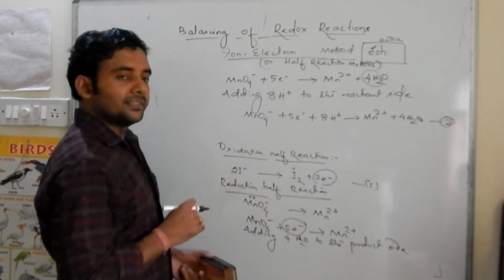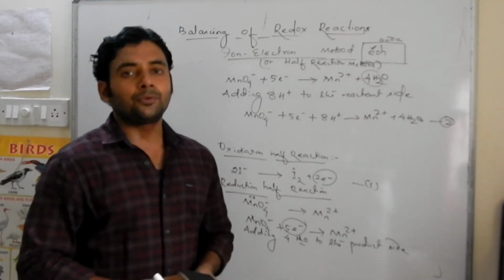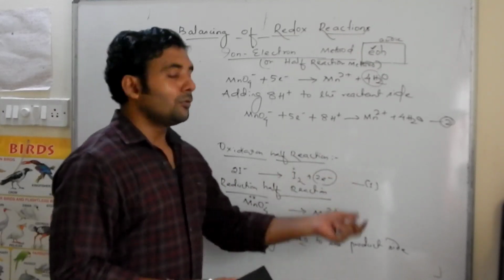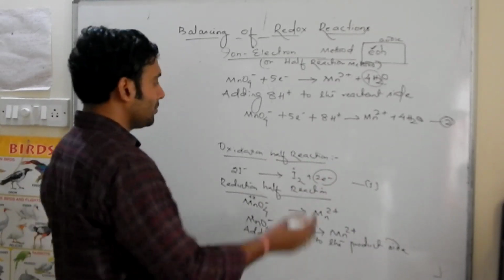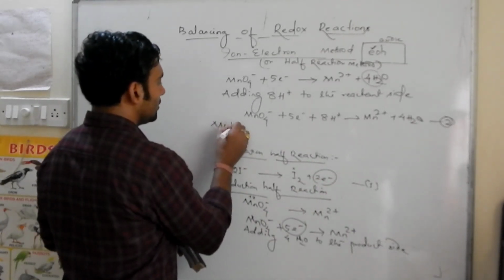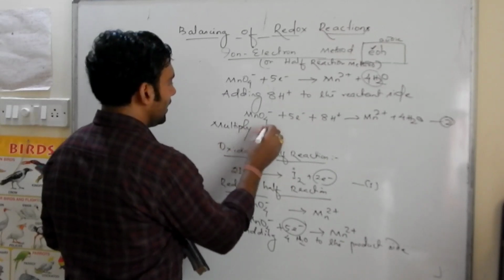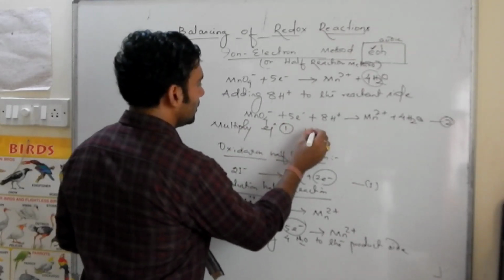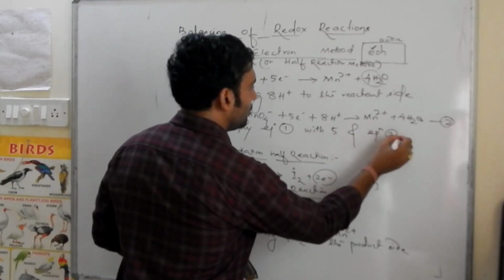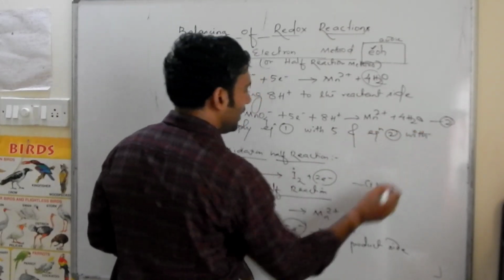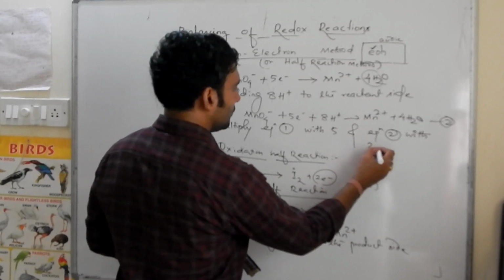So there is no balance, and we have to go for multiplication. For 2 and 5, the LCM is 10. So multiply equation 1 with 5 and equation 2 with 2.